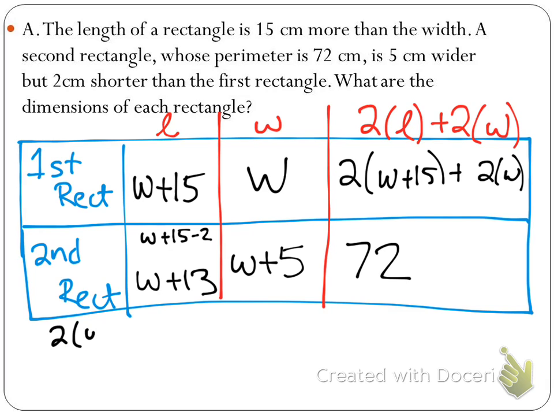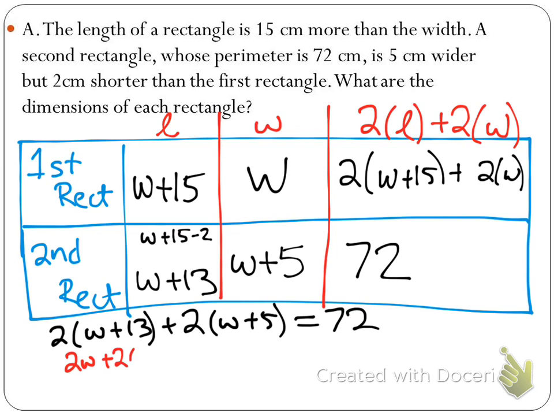So 2 times W plus 13 plus 2 times W plus 5 equals 72. I am going to distribute the 2's. Combine the W's.